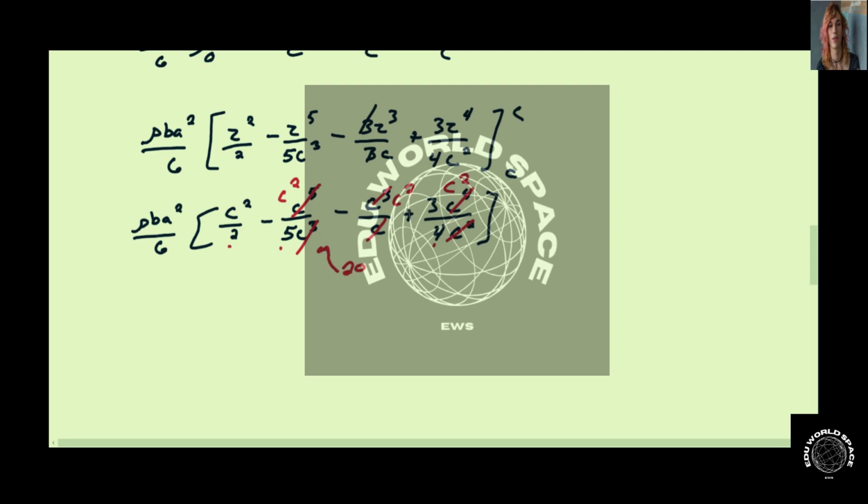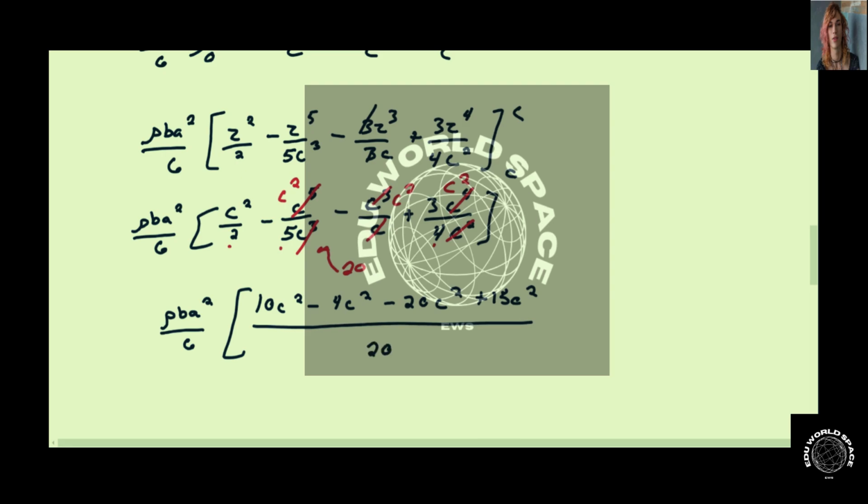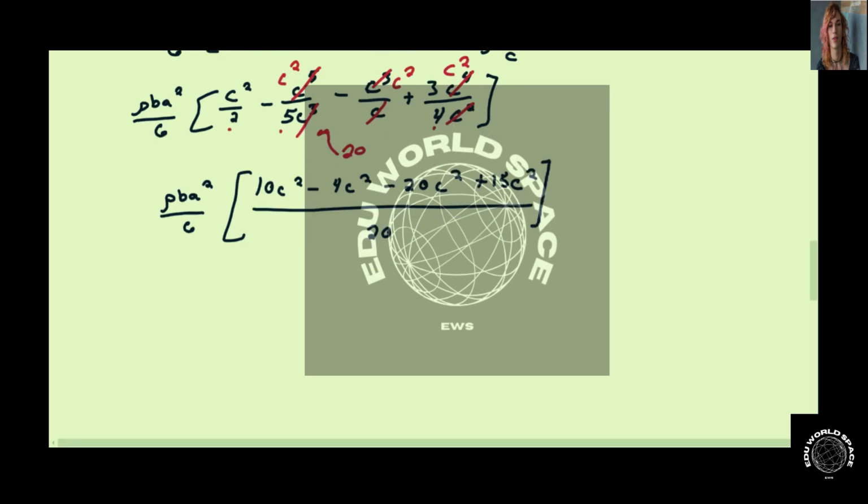So we're going to try to get 20 at the base. pba squared over 6, and we have 10c squared minus 4c squared minus 20c squared plus 15c squared over 20. Okay? And now we can simplify for this. And we have pba squared c squared over 6 of 120. And you can multiply the 6 by 120 if you want.